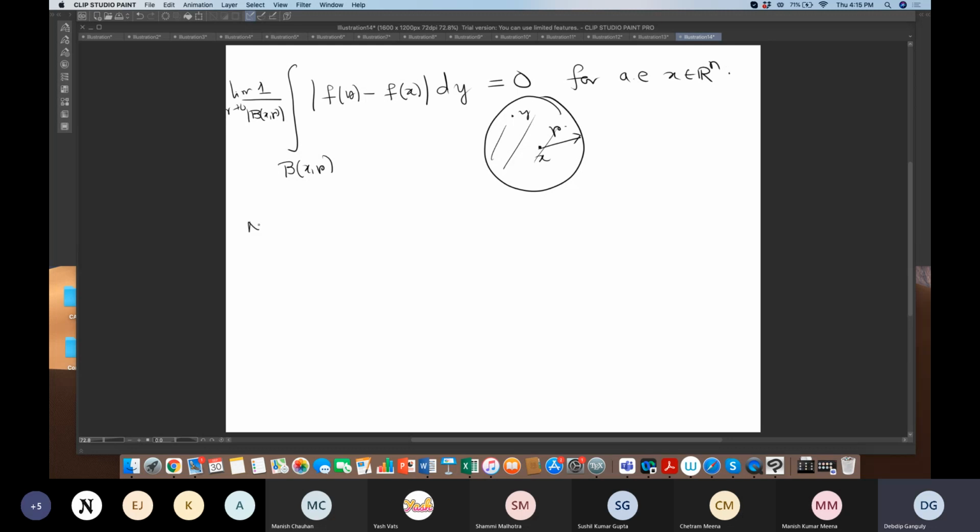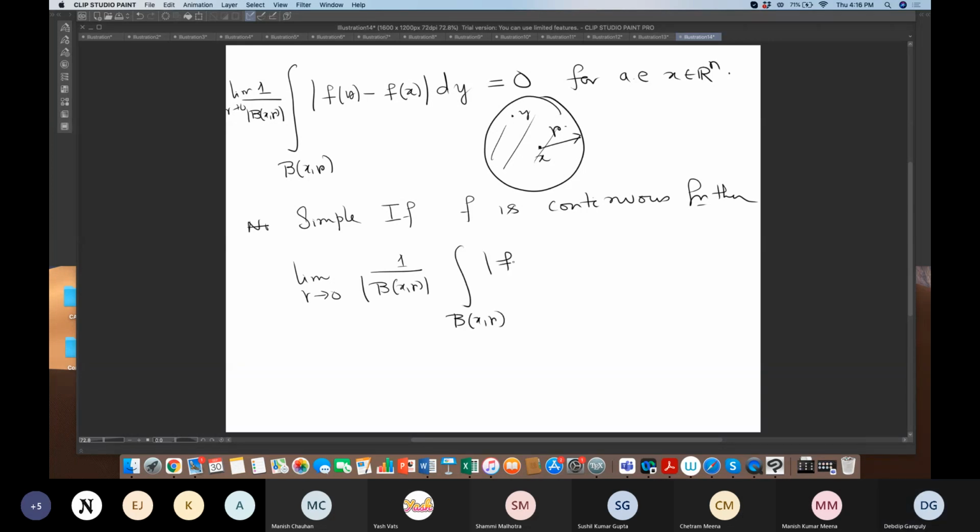Now, the simple statement is, if f is a continuous function, then the limit as r tends to 0 of 1 over the measure of B(x,r), the integral over B(x,r) of |f(y) minus f(x)| dy equals 0 for all x in R^n.